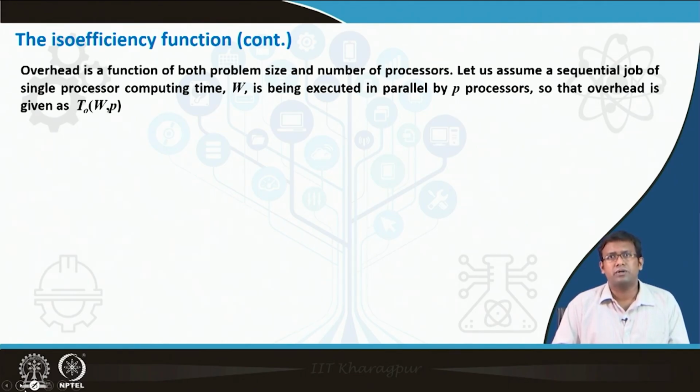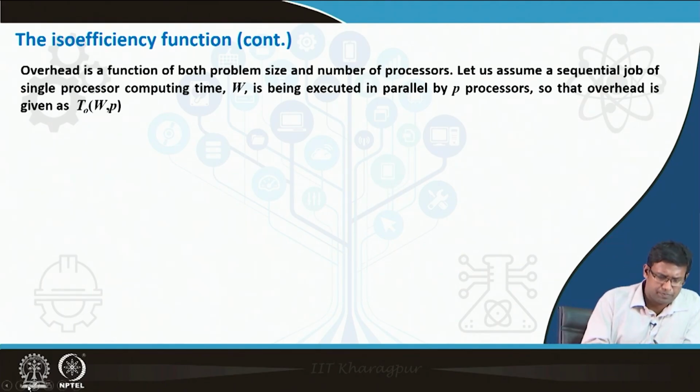Let us assume a sequential job which is running in a single processor, and the single processor computing time is W. That is being executed in parallel. Now, this job will be executed in parallel by P processors, and the overhead is a function of the problem size W and the number of processors. So, overhead is T0(W, P).